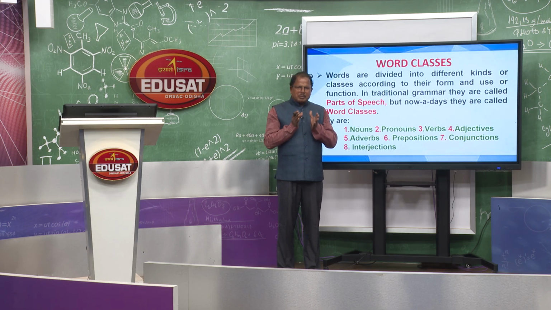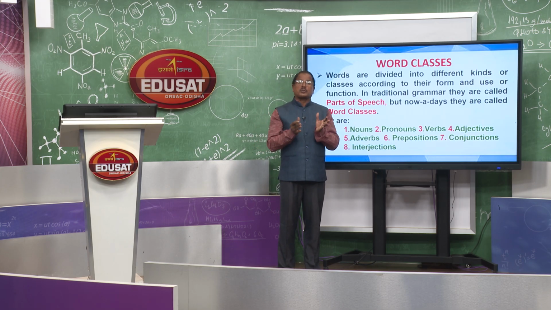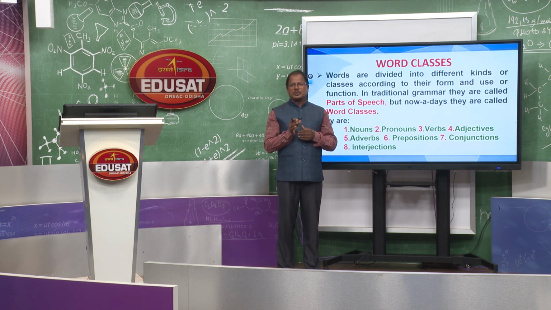Speech is limited to only speaking. That is why they say all the words used in the language are word classes, different kinds of words, right, and they are nouns, pronouns, verbs, adjectives, adverbs, prepositions, conjunctions and interjections.